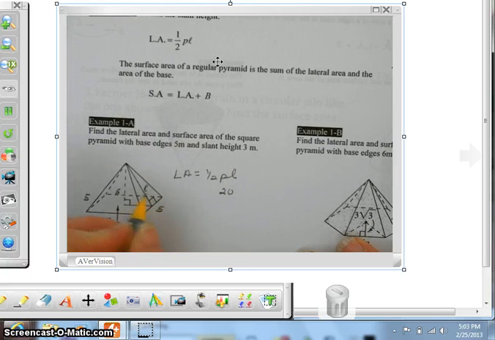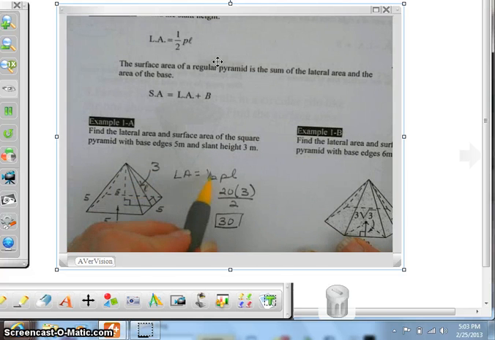It tells us that the slant height right here is 3. So we're going to have 20 times 3 divided by 2. That's going to give us 60 divided by 2, which is 30. So your lateral area is 30. Again, remember, lateral area is 1/2 PL.